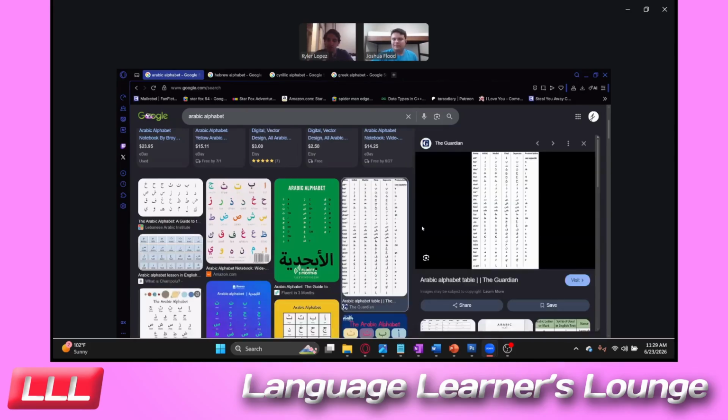You really have to look for those key signifiers that separate what makes what letter in the writing. And as you can see here, they also change whether they're the first letter of the word, the medial, the final, or separate. Kind of as Kyler said, it changes depending on how it's used.